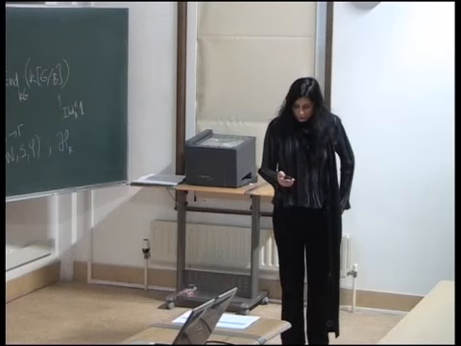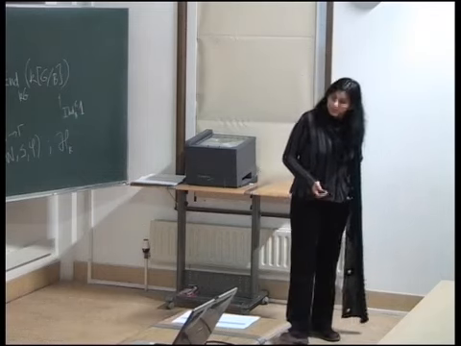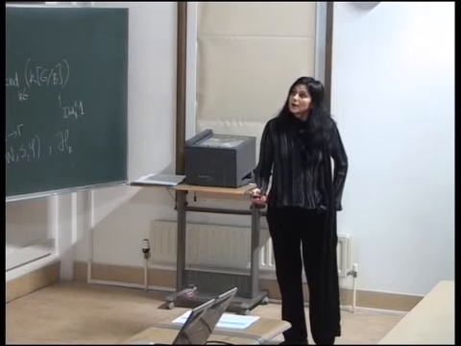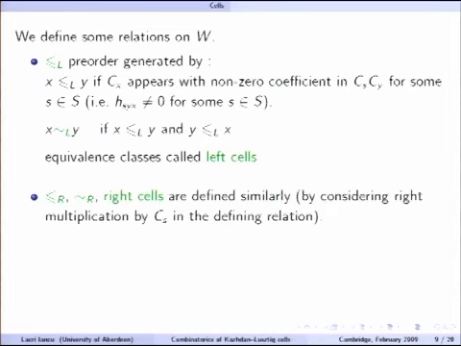Now whenever you have a preorder, you can define an equivalence relation by just declaring that x is equivalent to y if x is less than y and y is less than x. So left equivalence if this holds. And then the equivalence classes are called left cells. Now similarly, we can talk about right preorder and right equivalence and right cells by just using the right multiplication.